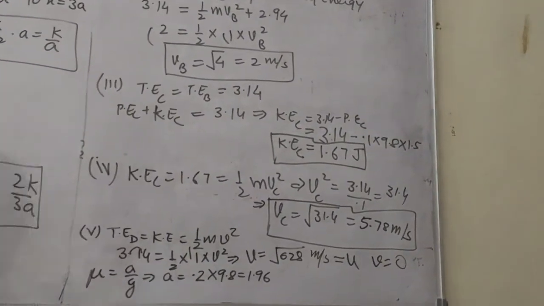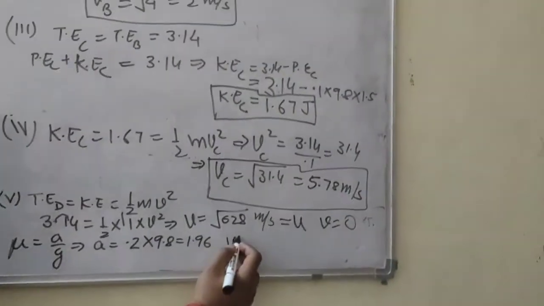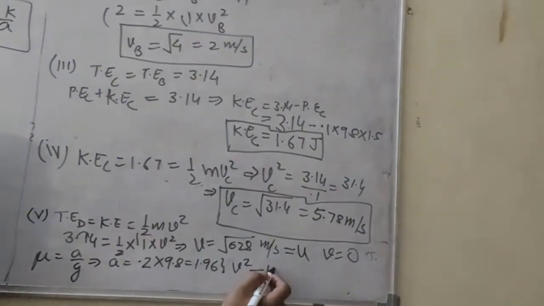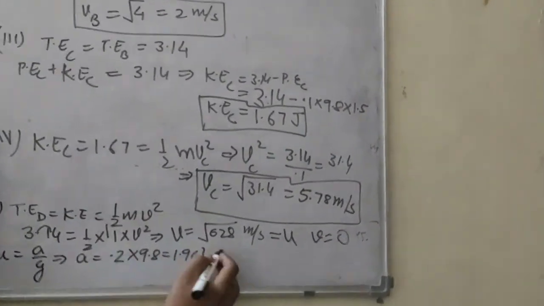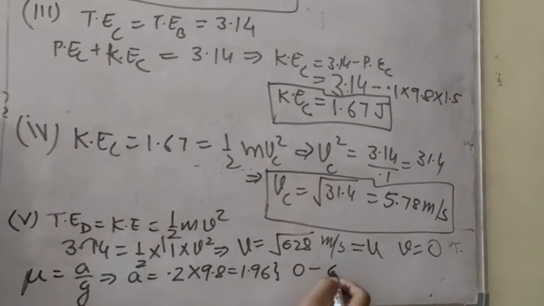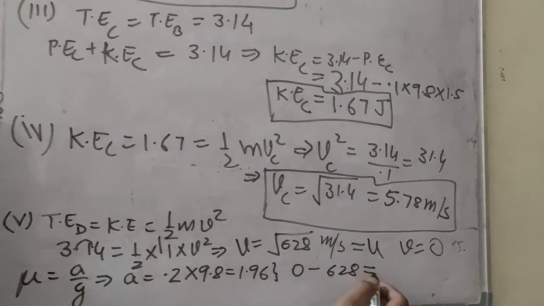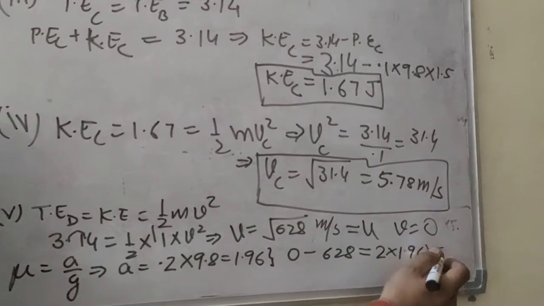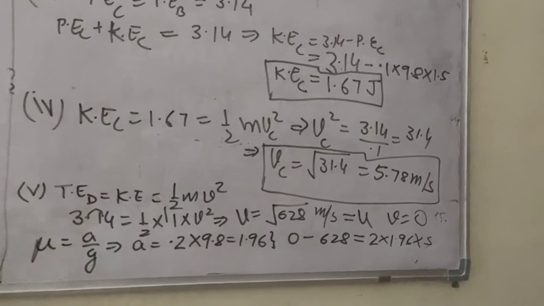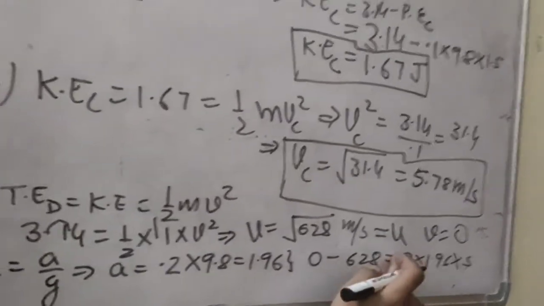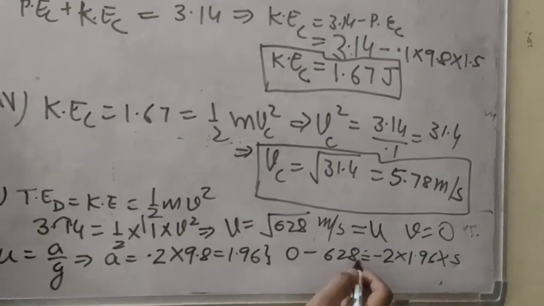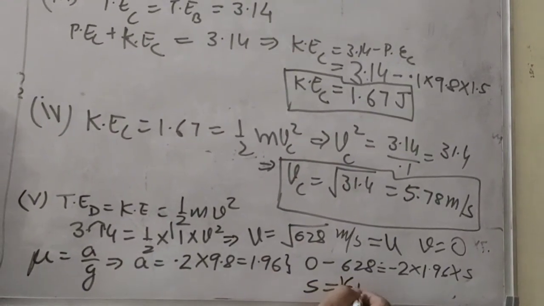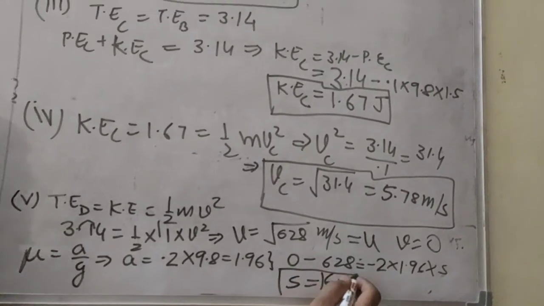You can use this and go on solving. v square is 0, minus u square, that is 628, is equal to 2 into 1.96 into s. On solving, because this is retardation, you will get s as 16 meter. This is the distance covered before the object comes to rest.